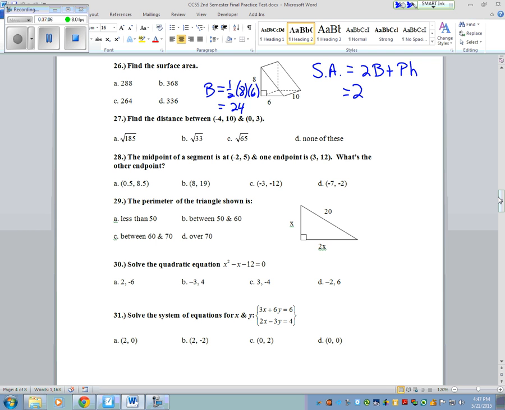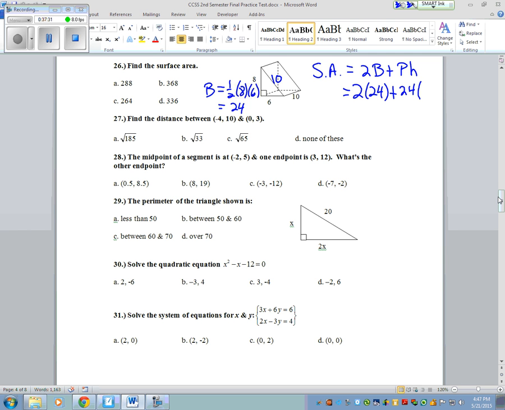You are going to then multiply it by 2. So 2 times 24 plus, look at this, 6, 8. What goes with 6, 8? The triple. It's 10. Yes. So we have a perimeter of 6 plus 8 plus 10, or 24, and a height of, here's my height right here.